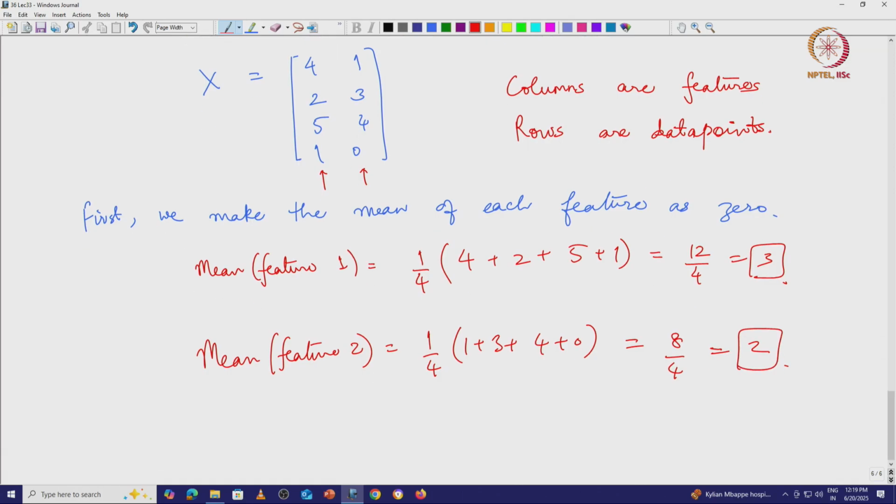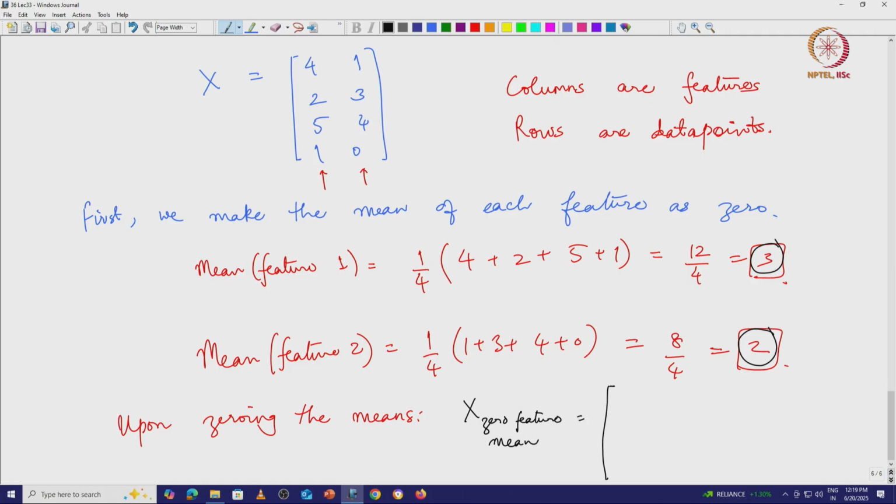So now upon zeroing the means, you will get a modified data matrix. I will denote it as X with feature mean zero. So if you subtract out the means of the features, you have to subtract 3 from everywhere in the first column, and 2 from everywhere in the second column.